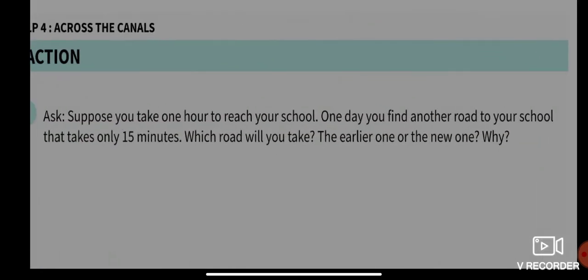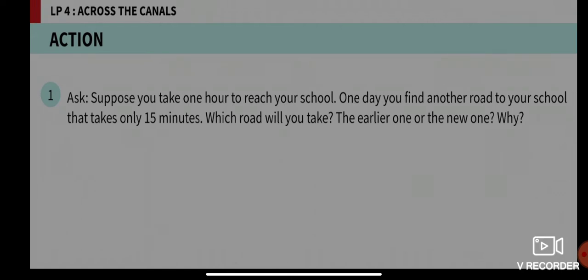Now suppose you take 1 hour to reach your school. One day you find another road to your school that takes only 15 minutes, not 1 hour.